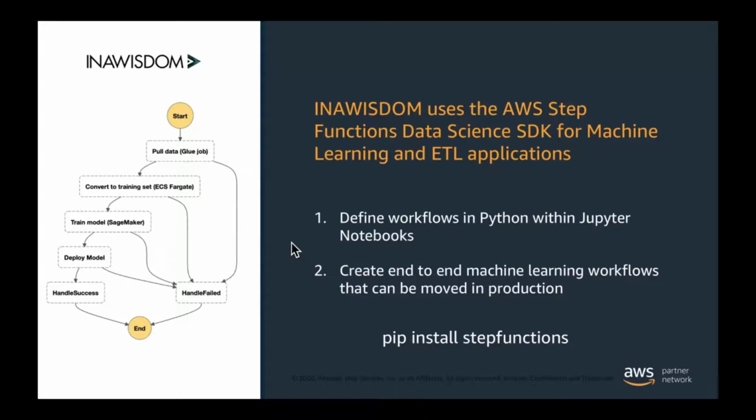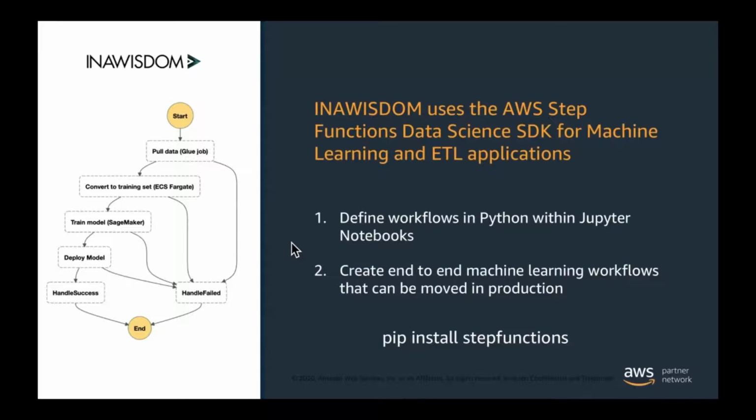They'll tie together Glue or EMR with SageMaker. They'll pull the data, train the model, deploy the model, and handle failures. And once the model is deployed, they will notify themselves or the customer of the successful deployment of the model.